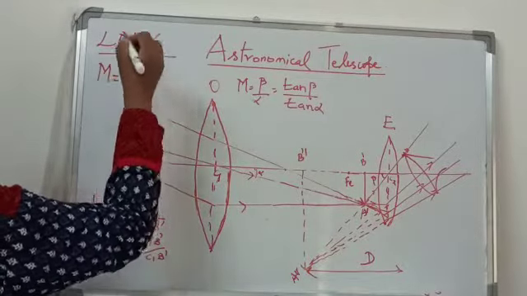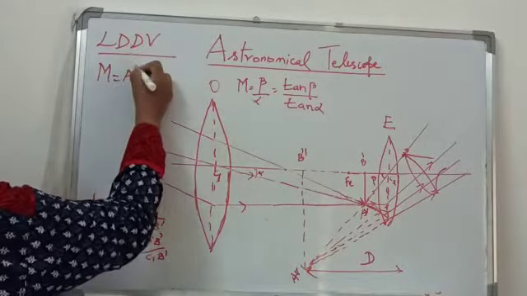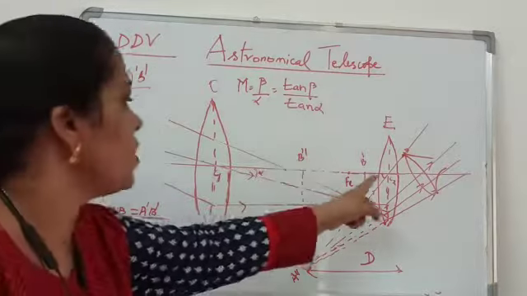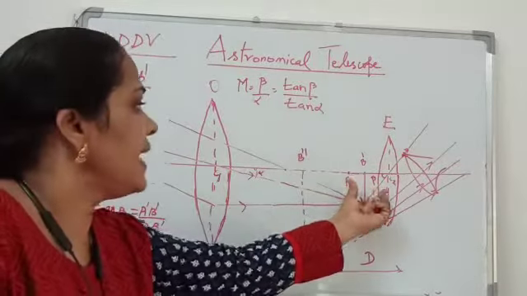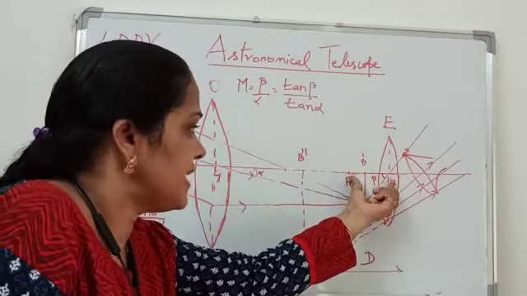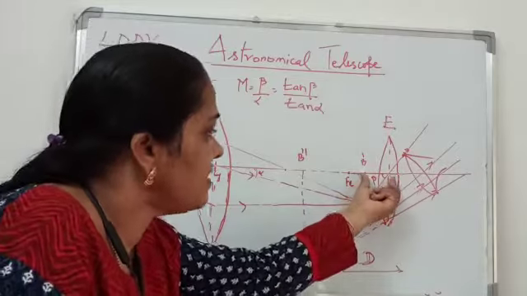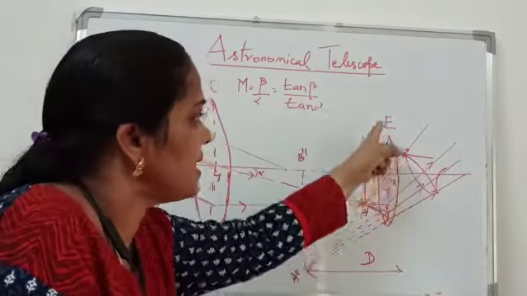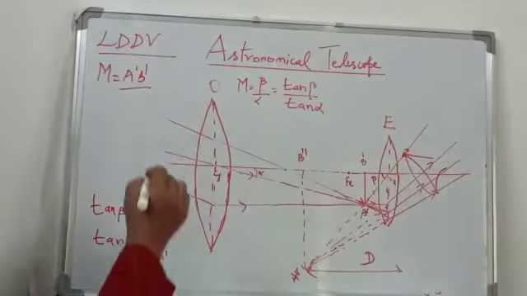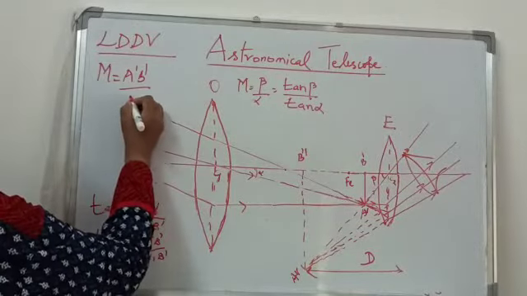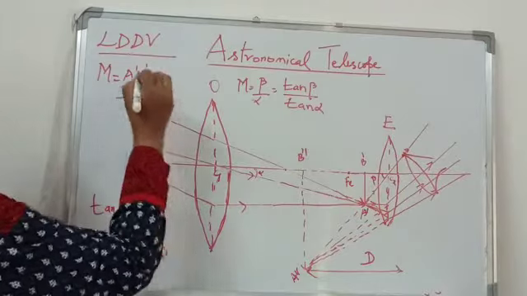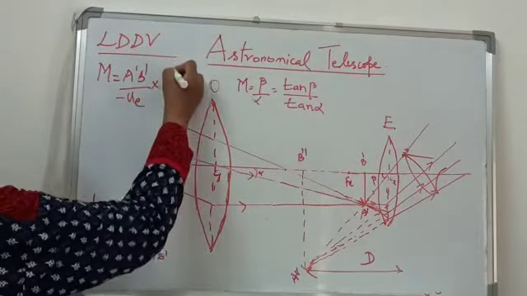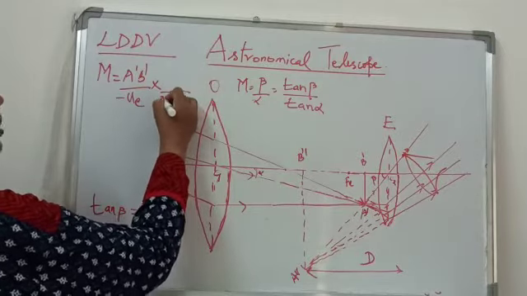M is equal to A', B' by C2, B'. What is C2, B'? It is the object distance because the object is placed within the focus. So this is not the focal length. This is the object distance for this eye lens. So since it is to the left, I mark it as minus UE because it is the eye lens, into C1 B' by A' B'.